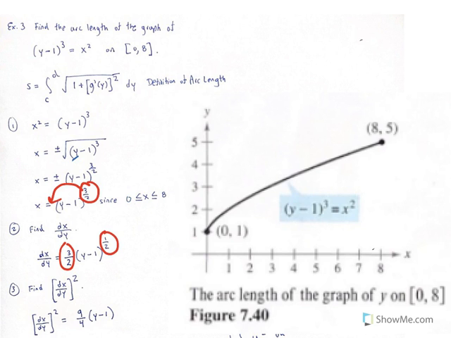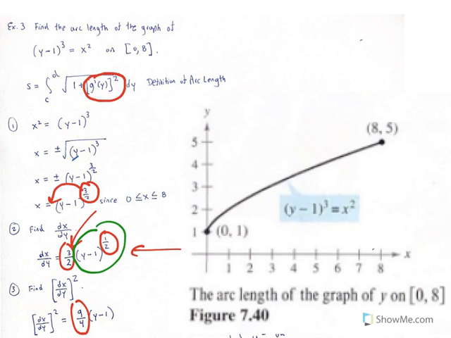So once you've done that, the next thing that you need to do is square your derivative, because that's a part of the definition of arc length. The integrand is the square root of 1 plus the square of the derivative of your function. So when you square both sides of this equation, you will get the square of dx/dy is equal to the square of 3/2, which is 9/4, and then you're going to square this quantity.